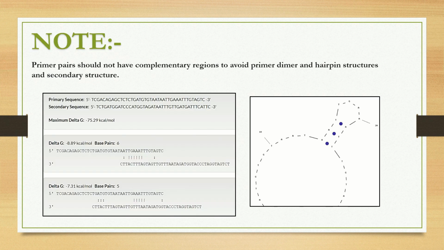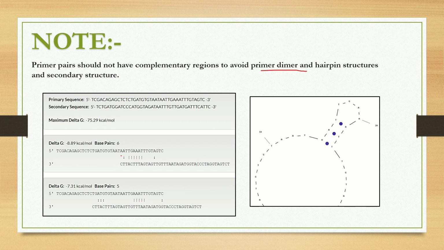Now there are certain notes I have prepared for you that you have to keep in mind while designing your primers. First of all, there should not be any complementary regions between the primers, so that you can avoid primer dimer formation or hairpin loop structures in the secondary structures. Here you can see the primer dimers are forming.